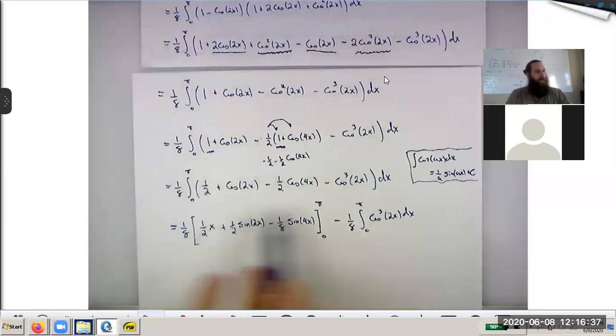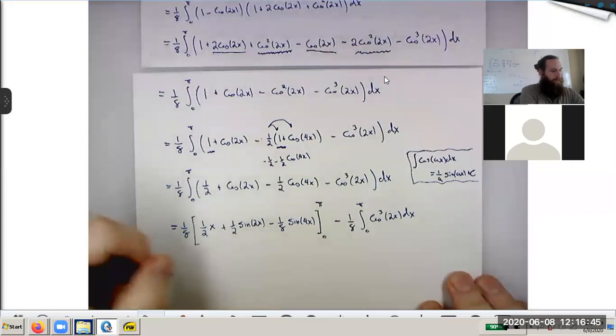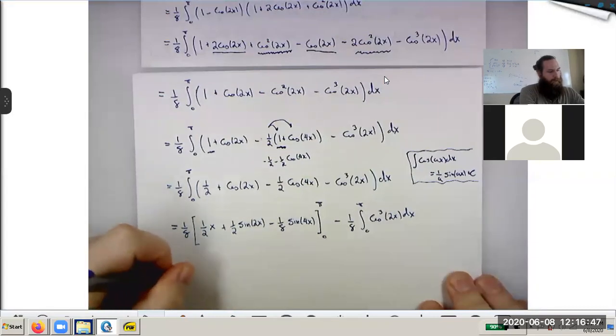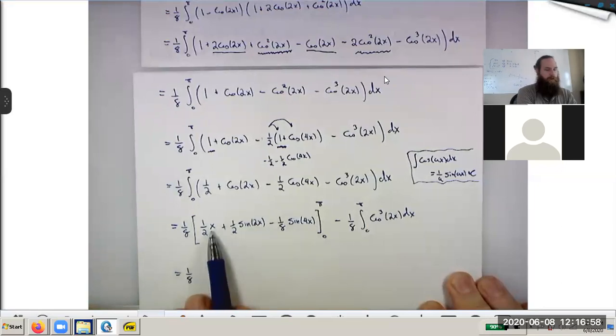All right, so let's evaluate this. And at the same time, let's also rewrite this as cos squared times cos. I have my 1/8 out front. When I plug in pi, the sine of 4 pi is 0. The sine of 2 pi is 0. So the only contribution comes from this term.